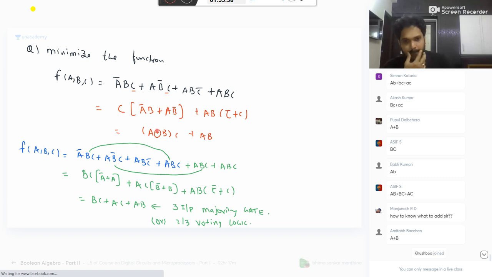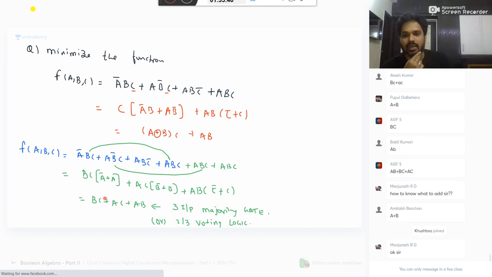Now see here, why is it called majority gate? Let me explain that. 3 input majority gate. What does it mean? Majority gate means out of the 3 inputs, if majority of the inputs are 1, output is 1. If majority of inputs are 0, output is 0. I'll write here. What is the meaning of majority gate?